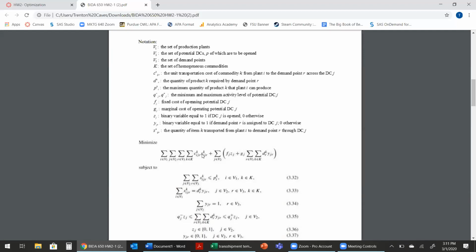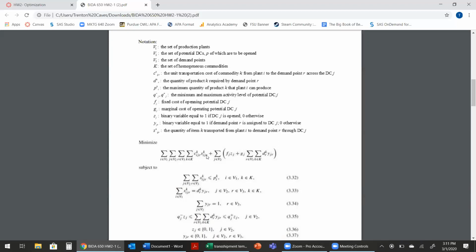And then the next part of that equation, the S sub IJR to the K, the last step in the notation, is the quantity of item K transported from plant I. So C sub IJR is the unit transportation cost per unit. The S sub IJR is the number of units being transported.